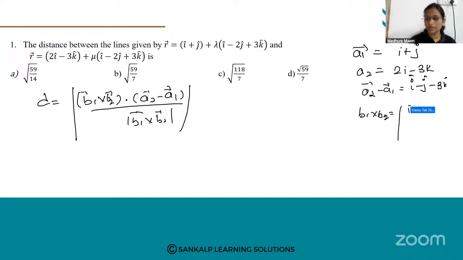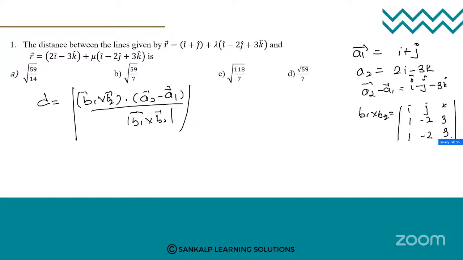So this is the determinant of I, J, K. In the place of B1, 1, minus 2, 3. In the place of B2, what is there? 1 only, no? This is parallel. Both are same only. Why did I take it?